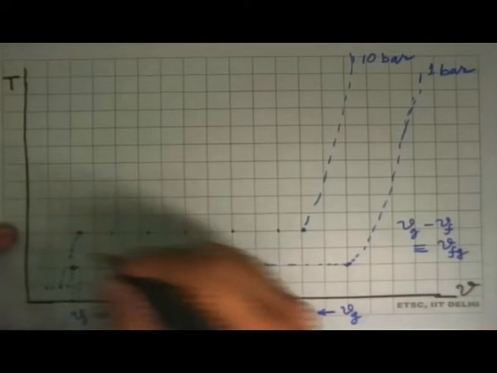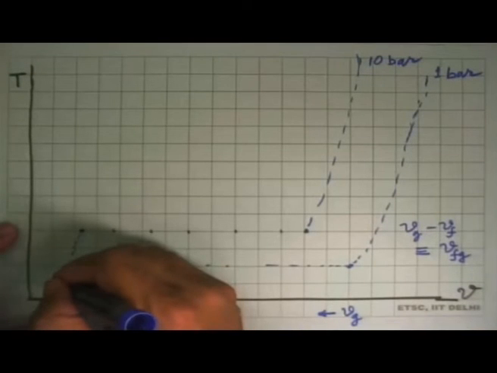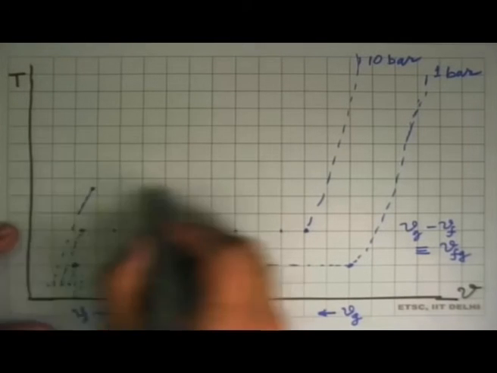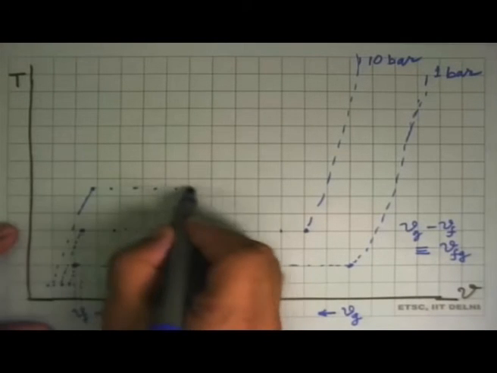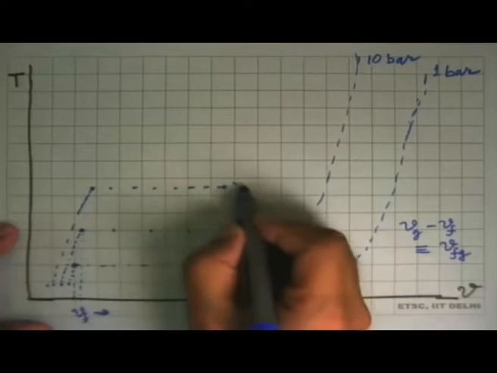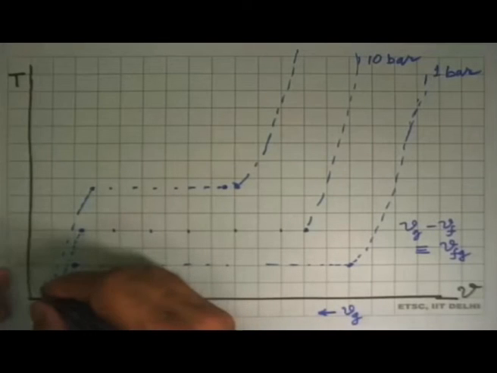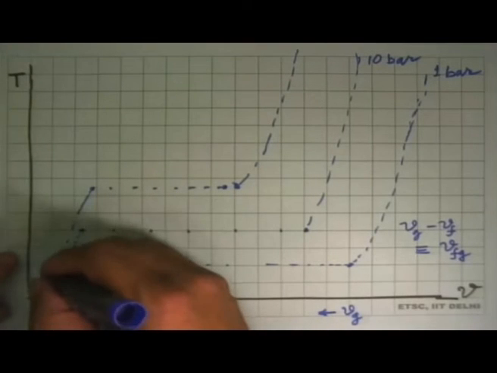Now what happens if we increase the pressure further? Go to 100 bar. It comes over there. Then you have a series of states that come somewhere there. And then you have the same behavior there. So 10 bar, 100 bar, now let's go to 200 bar.